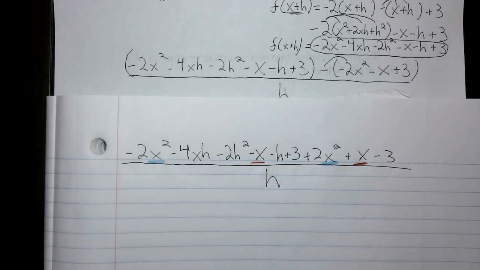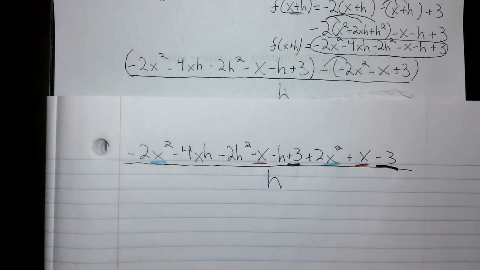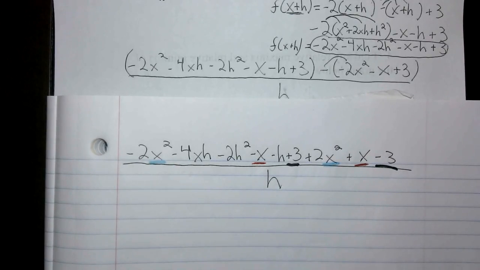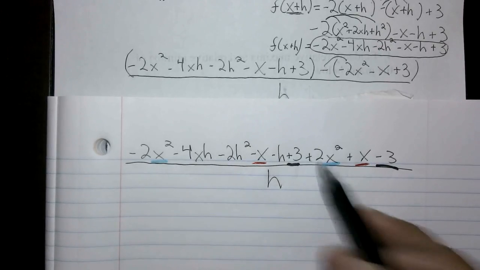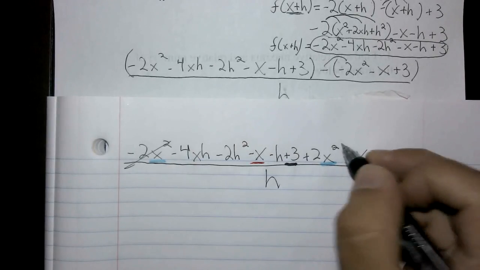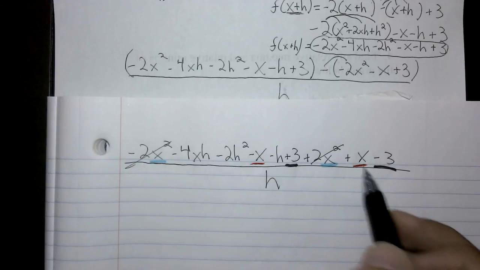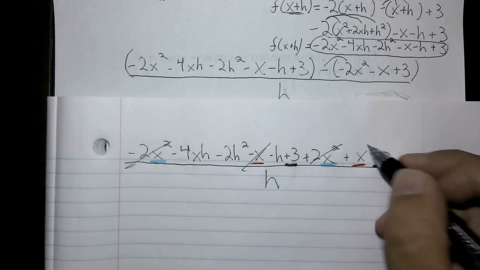We'll soon see some cancellation. If we also look closely, we also seem to have constants of this +3 and this -3. So if we begin to combine like terms, we see we have a -2x squared, +2x squared. We're lucky these are going to cancel. If we focus on the x terms, -x and +x, those cancel.